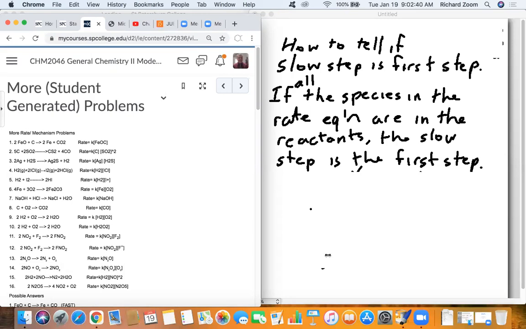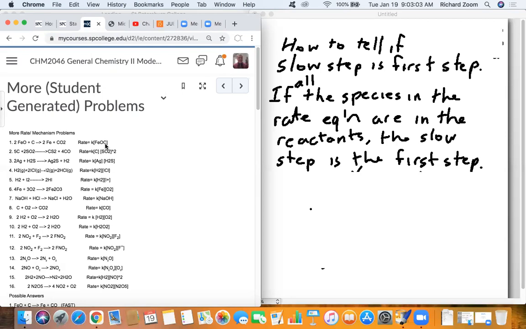Okay. The answer is no. A fair number of you said yes. Now I know why you said yes, but let's talk about this a little bit. Look at the rate equation, FeOC. The only question you've got to ask yourself is, is FeOC a reactant?